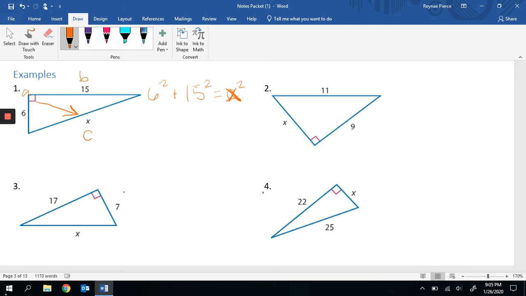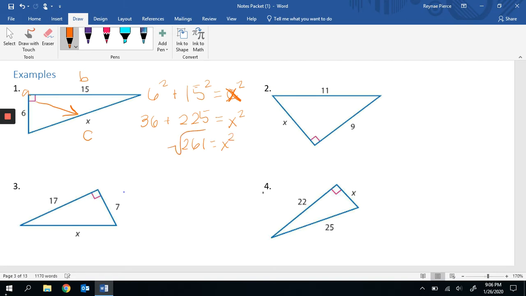Okay, exponents come before addition and subtraction in our order of operations. So 6 squared is 36, 15 squared is 225. When I add them together, I get 261.